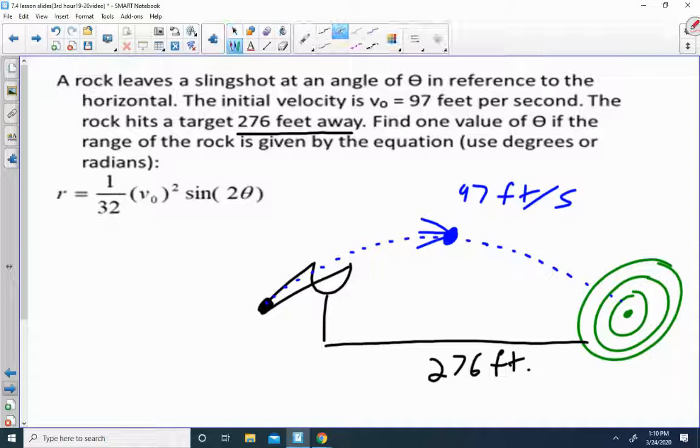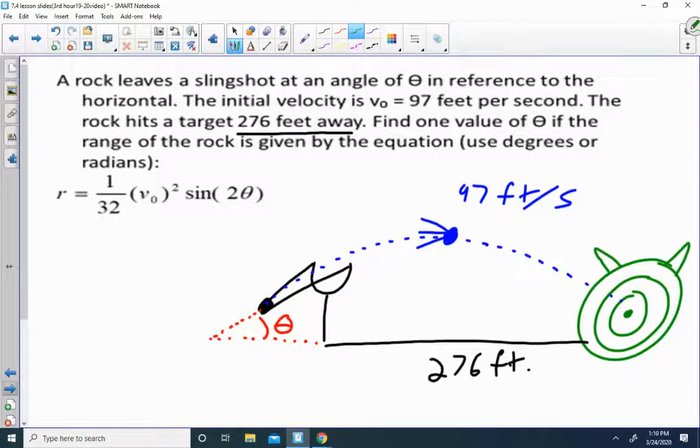And apparently it's also telling us that when we pull this slingshot, we're going to be pulling it at some angle in relationship to the ground. I don't know about you, but this is kind of making me think of Angry Birds, how they have you take that slingshot and angle it so that you hit a green pig-like target over here.